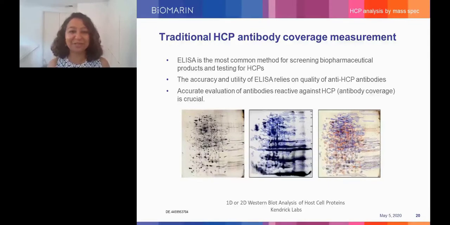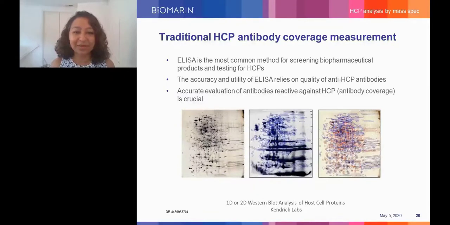This is a traditional methodology, and for those of you who are mass spectrometrists, I'll go through it in a little bit of detail so that if it's of interest, you can think a little bit more about it. On the left panel is shown a 2D gel. This is no different than doing a 2D LC-MS, where you have an enumeration of all the proteins that are present in a sample.